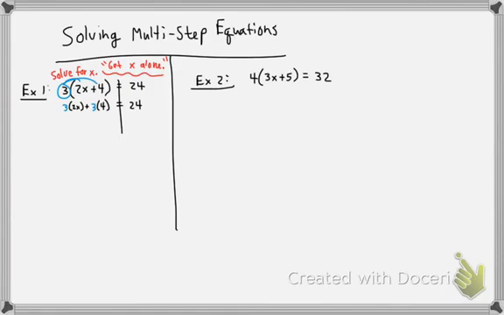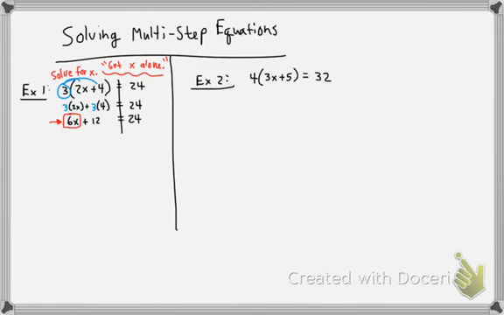On the left, when you do 3 times 2x, you'll get a 6x plus 12 would equal 24, okay? When we get to this point right here, this is kind of what we did last week, two-step equations. From here, the first thing we got to do, we want to get this 6x by itself. The number right next to x, we want to try to save that for last in almost all cases.